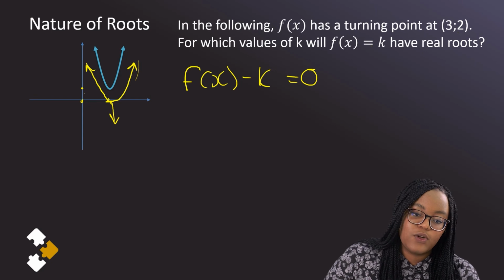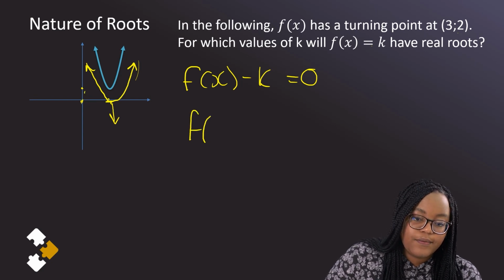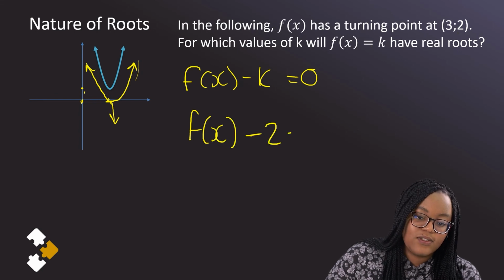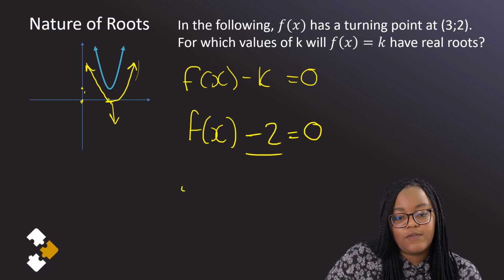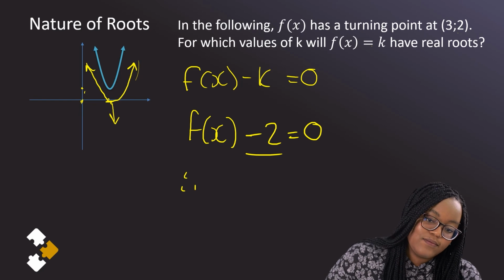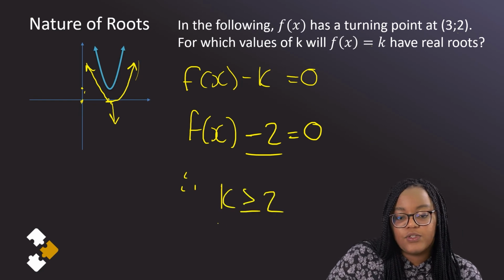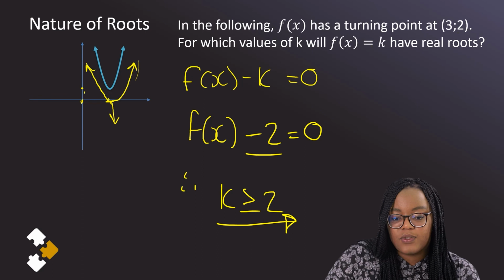Therefore, to translate this 2 units down, we need to make this f of x minus 2 is equal to 0. Therefore, the k value will be anything greater than or equal to 2, which will permit this function to either intercept with this axis once or multiple times.